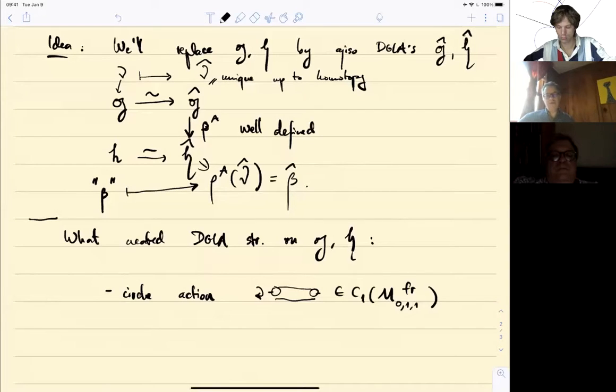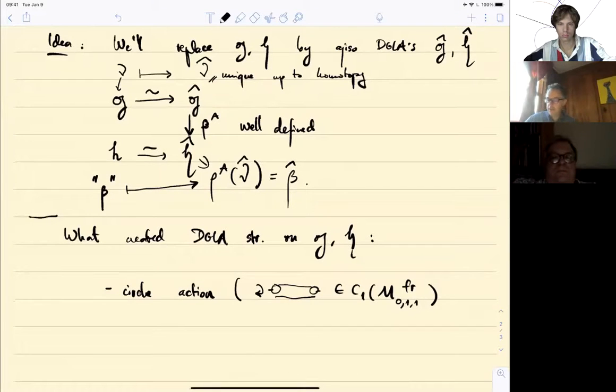So it's a one chain because it has the whole movie information of how the point rotates through 360 degrees. And it has genus 0, 1 input, 1 output. So this is what induces a circle action. Whenever I sew this particular object to an output of something, I get the circle action on that output.